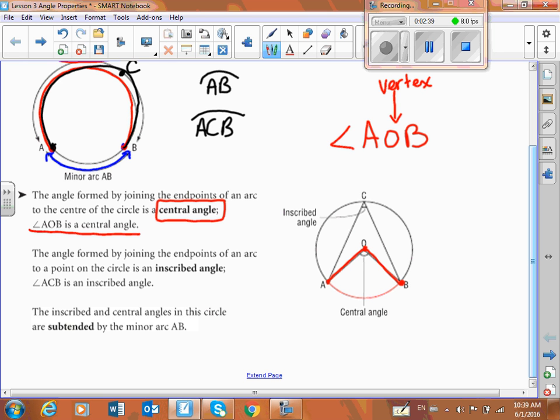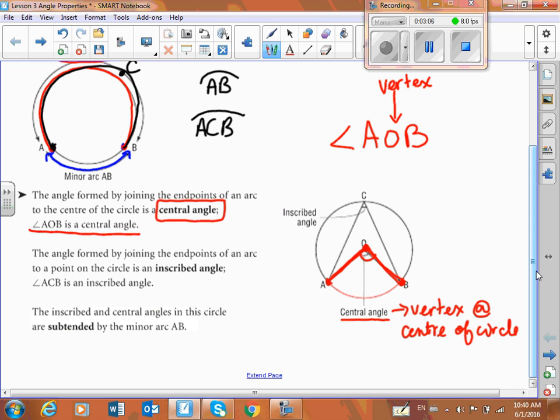Okay? So there's our central angle, AOB, and the word central is right in the description, central angle. We can see that it has its vertex right at the center of the circle.